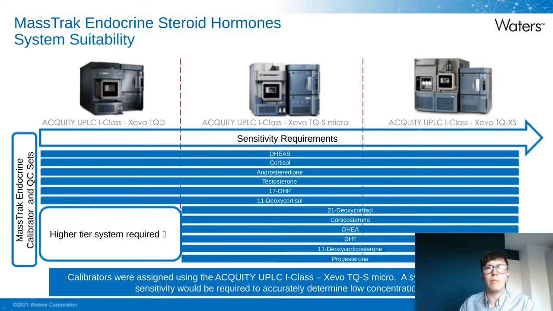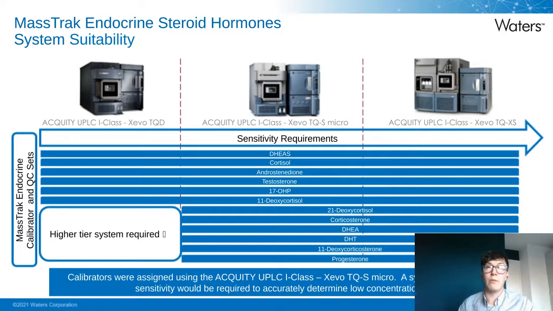And as part of this overview, I also wanted to reinforce this slide, which shows the likely suitability of using the MassTrak Endocrine Steroid Calibrator and QC sets in the context of the Waters IVD tandem quad MS systems. So they are the Xevo TQD, TQS Micro, and TQXS.